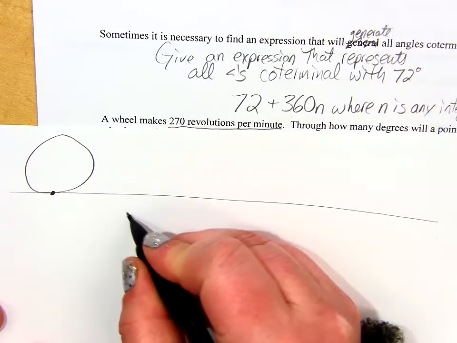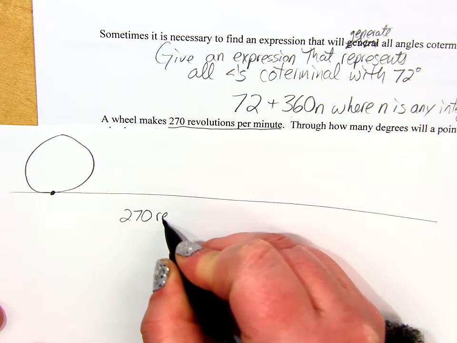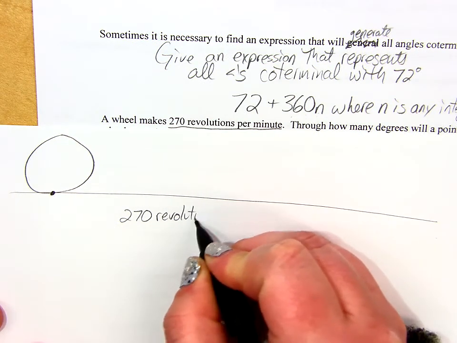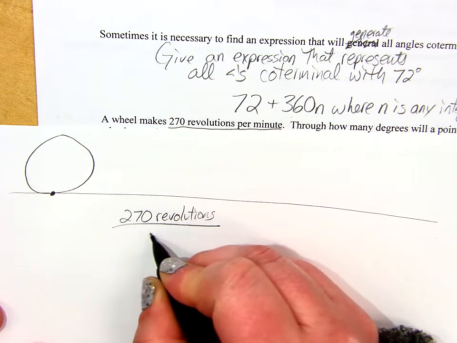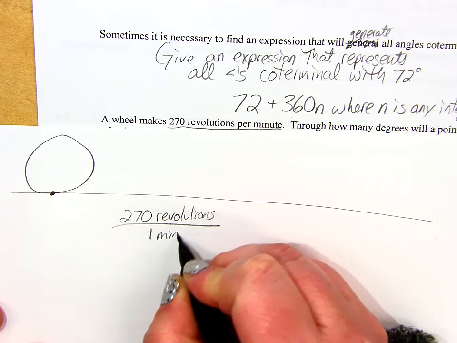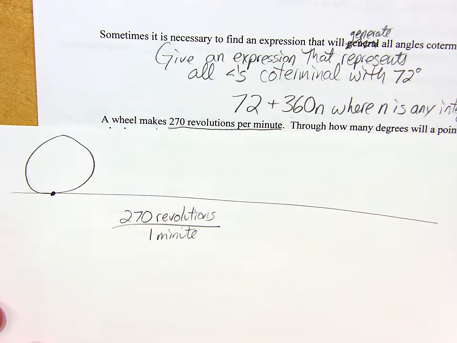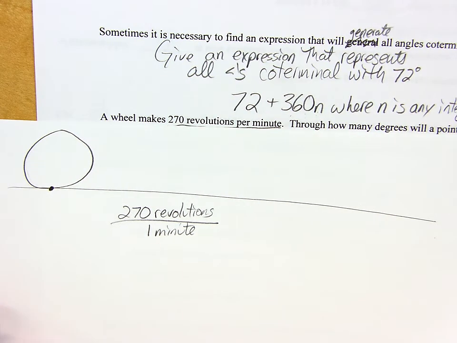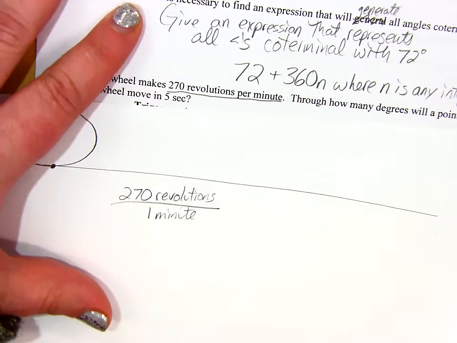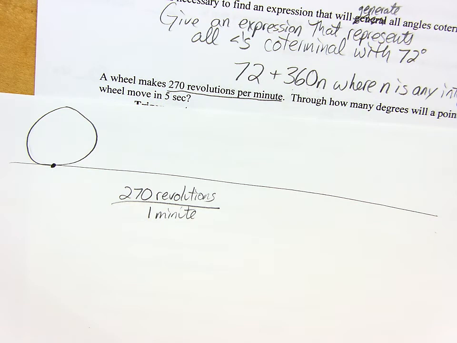I'm going to start off by writing 270 revolutions in 1 minute. So whatever information I'm given, I usually like to start off with that as a fraction. Now, I'm trying to figure out how many degrees this is going to go through in 5 seconds. So one thing I need to do is change minutes into seconds, right?